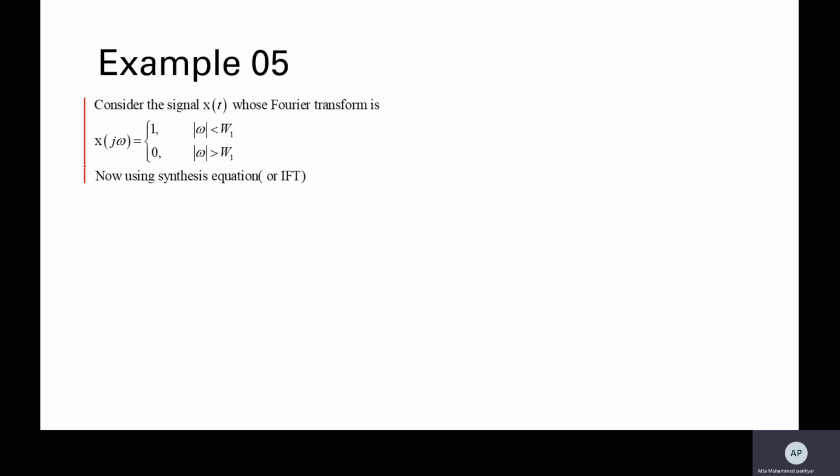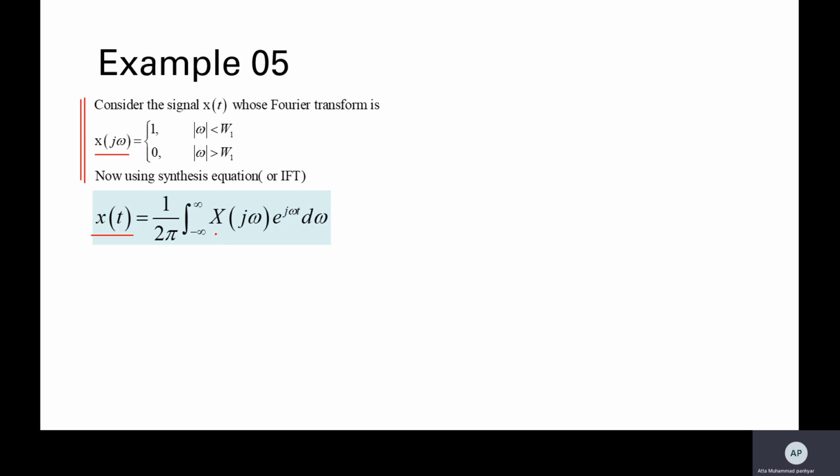But another example. So far we have calculated only the frequency spectrum. What if we are only given the frequency spectrum, and we wish to compute the time domain signal x of t? We know that this formula is used for the inverse Fourier transform.